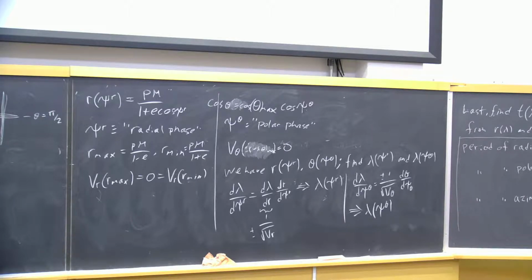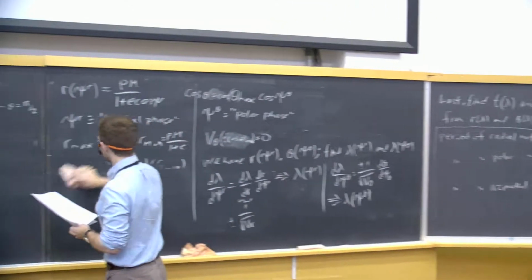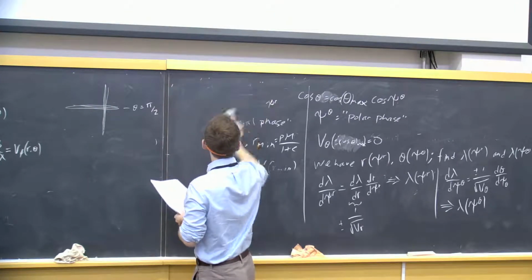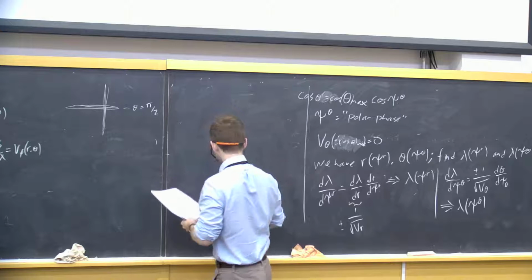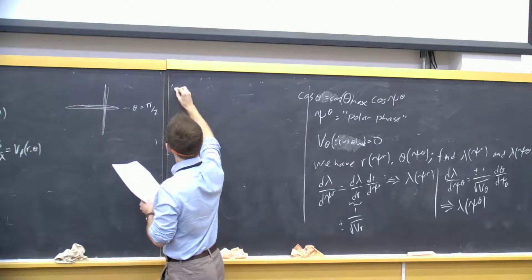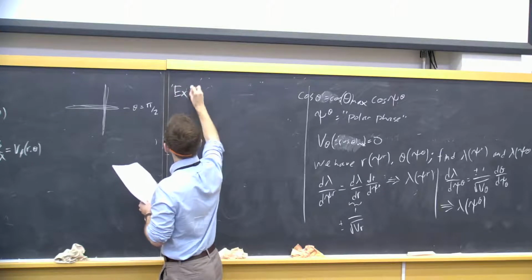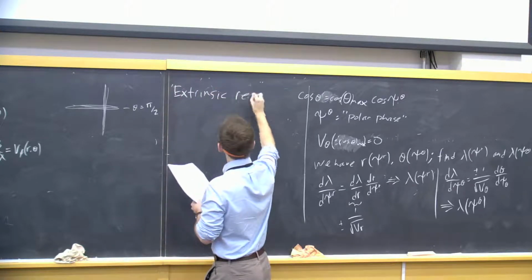Now, remember I mentioned over there that you can have resonances when two of the periods have a commensurability. There are two types of resonance.